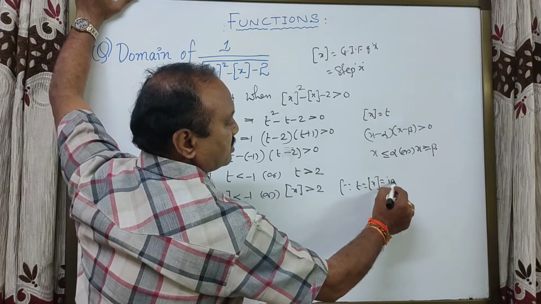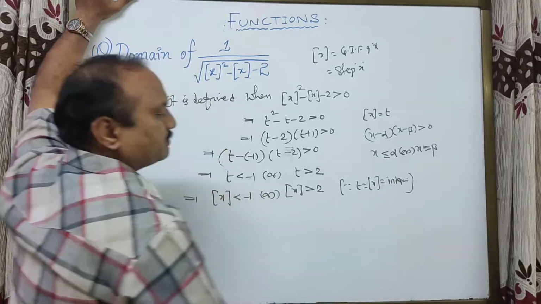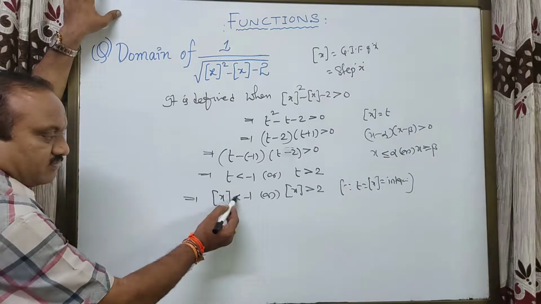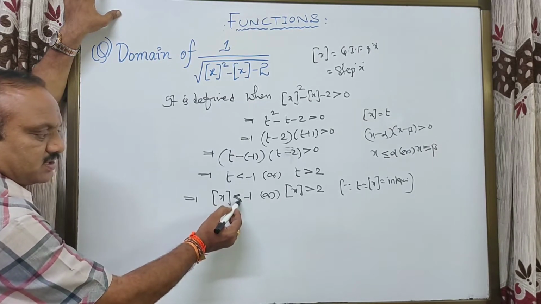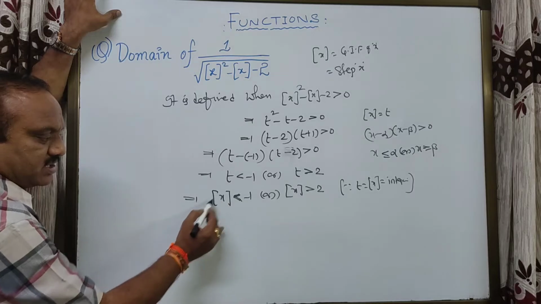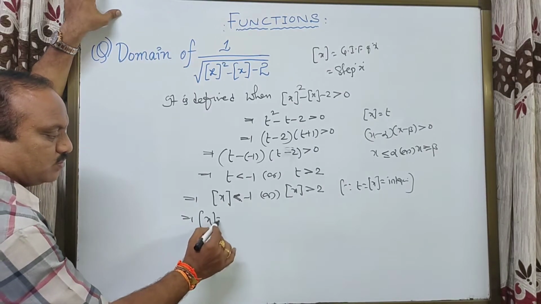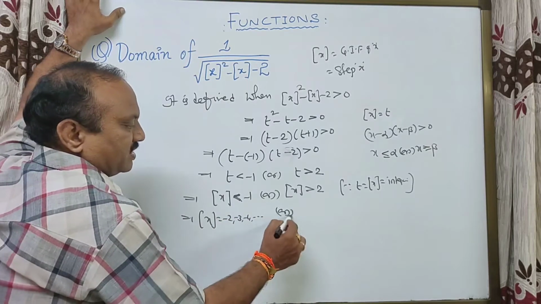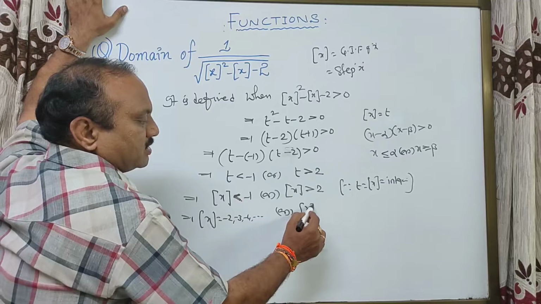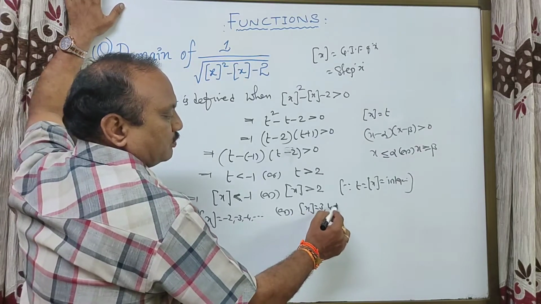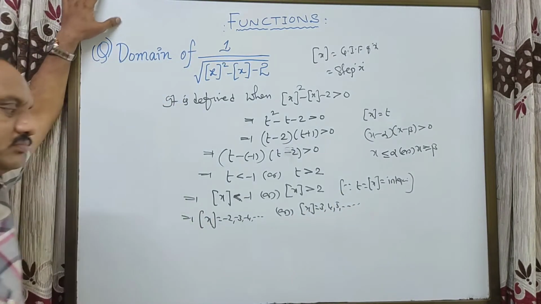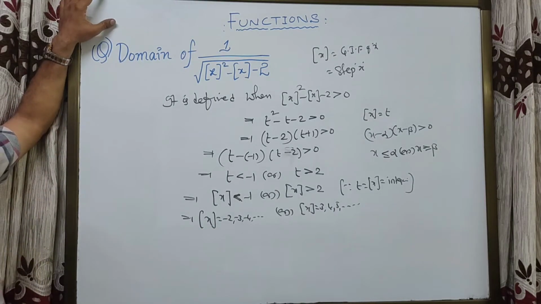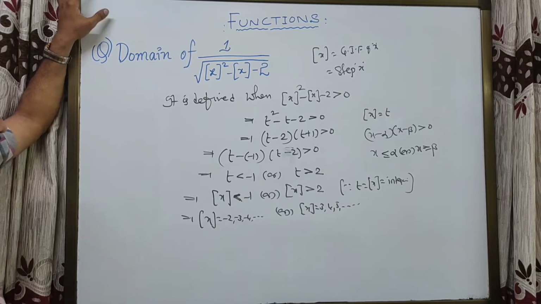Step x is an integer, students. Please remember that one. Step x is an integer. Step x less than minus 1 means, since it is an integer, step x equal to minus 2, minus 3, minus 4 and so on. Or here step x greater than 2 means step x equal to 3, 4, 5 and so on. Tell me when step x becomes minus 2. We must know the step x definition.